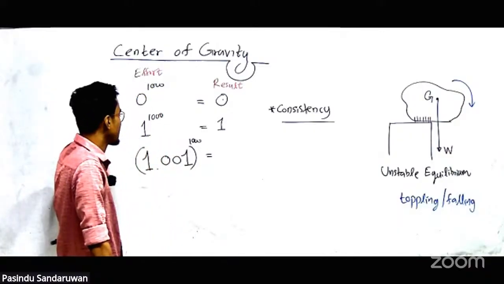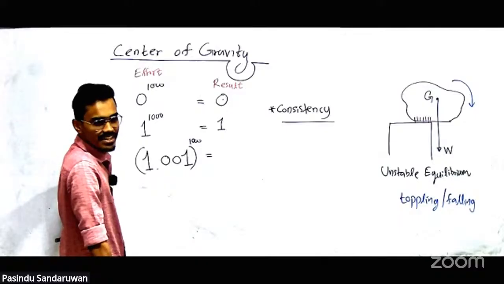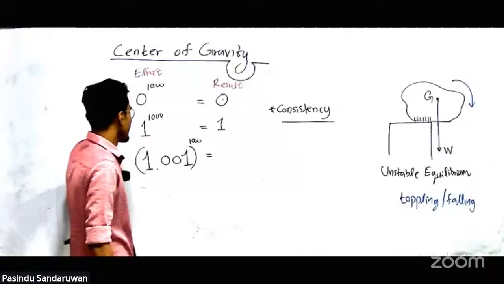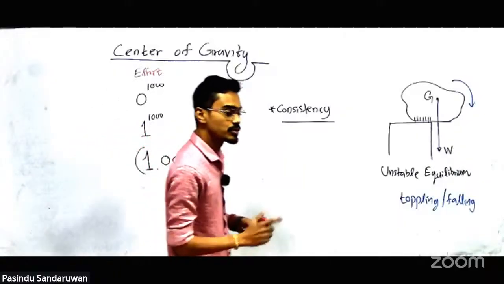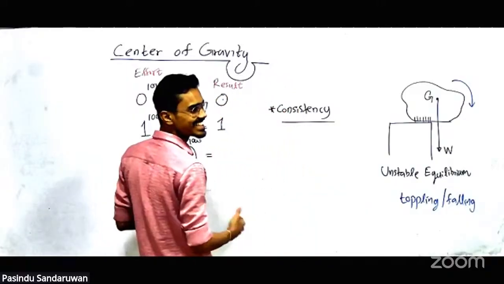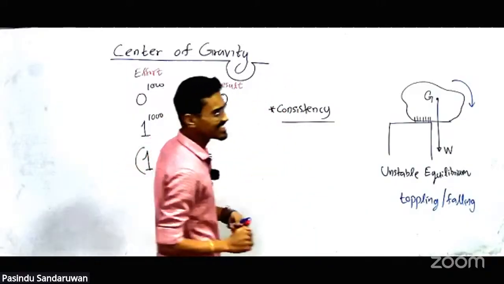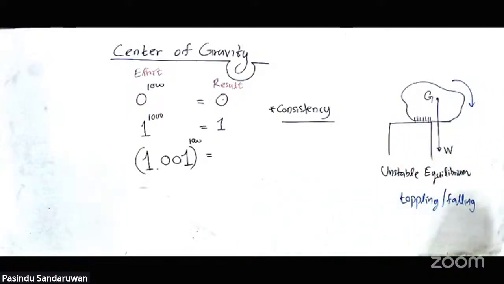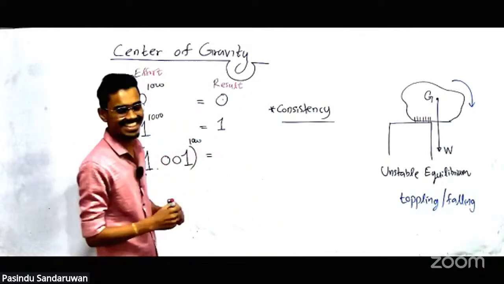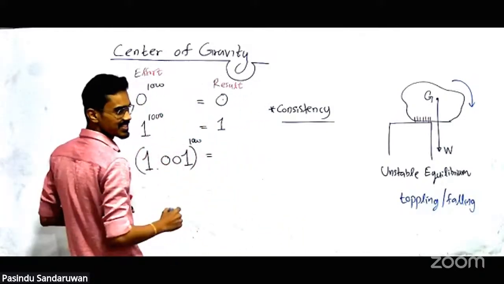Use a calculator: 1.001 to the power 1,000. What's the answer? 2.72. Right.